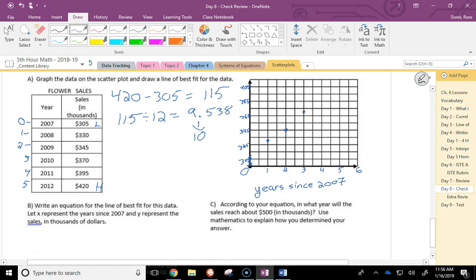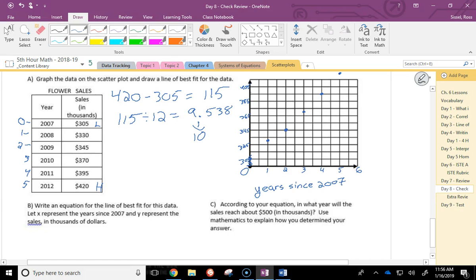In 4, 395. So what did you start at? 305. We started at 305 because that was our lowest point that we had. In year 5, 420. So that's actually going to be up here just off my graph, just a touch.